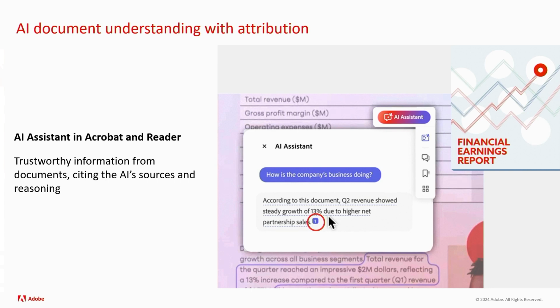And the reason it's there is when it makes an assertion about the document, it also automatically has links to points within the document so you can check whether you agree with its conclusions. So we're trying to do that accountable attribution that will then lead to trust in the conclusions. And we're excited to see how people are embracing this, and already it's going very well. And of course, the longer the document, the more valuable this is in terms of saving time.